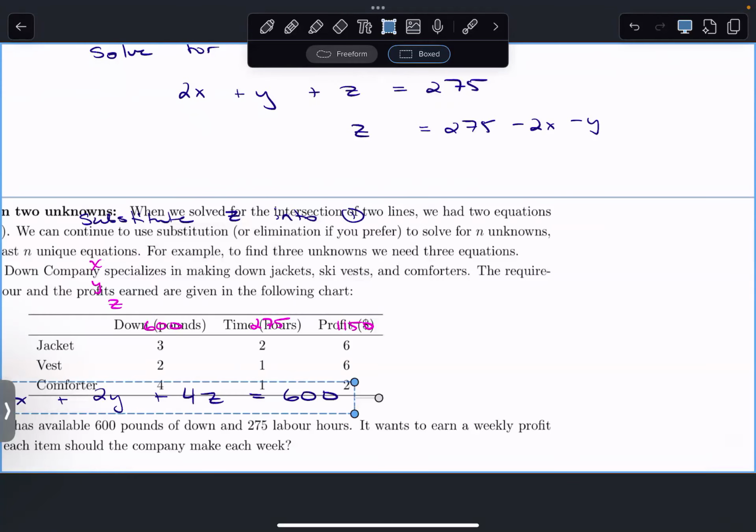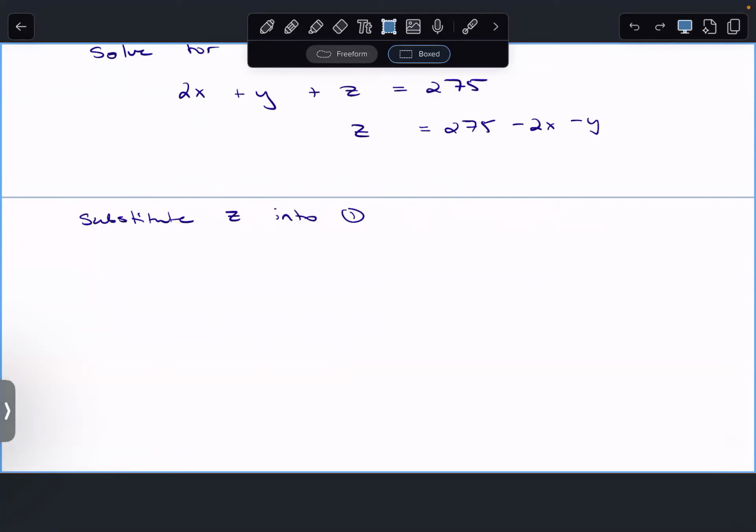Paste. Oh, I see. I have to write it out. 3x plus 2y plus 4z is 600. But I'm going to use this z instead.